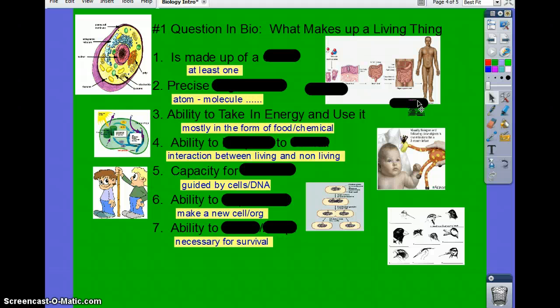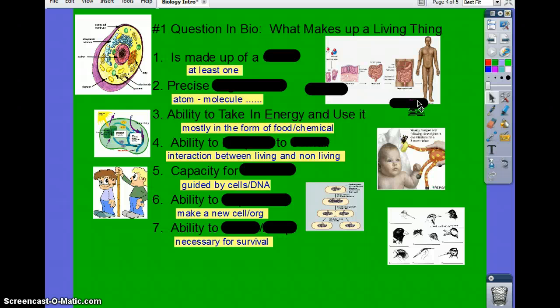So we had eat and move. We don't move because what organism doesn't move? Plants. They make their own food, so they use energy. What else? They kind of move, right? They don't get up and say, I'm going to go to the window.